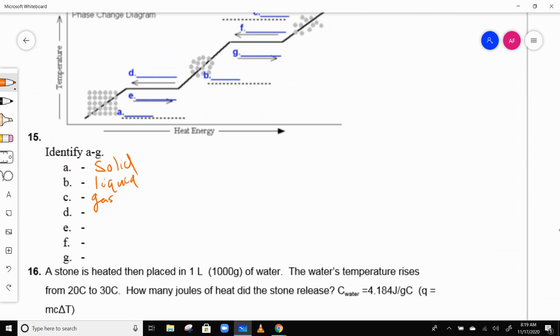D, going from liquid to solid, that's freezing. E, going from solid to liquid, that's melting. F, going from gas to liquid, that's condensation. And G, going from liquid to gas, that is vaporization.